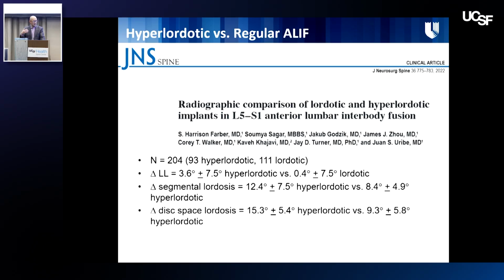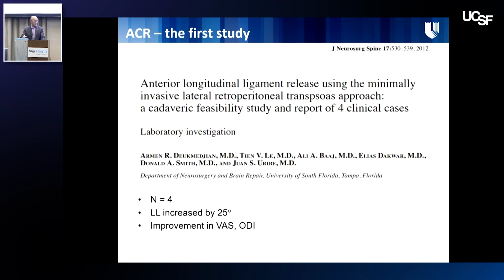And when you look at overall lumbar lordosis, hyperlordotic implants did play a role in increasing lordosis by just a few degrees, 4 degrees, whereas with the 8 or 10 degree cages, not much impact on overall lordosis since the rest of the spine compensated back to where the patient wanted to be. Of course, the segmental numbers were improved at L5 to S1 specifically.